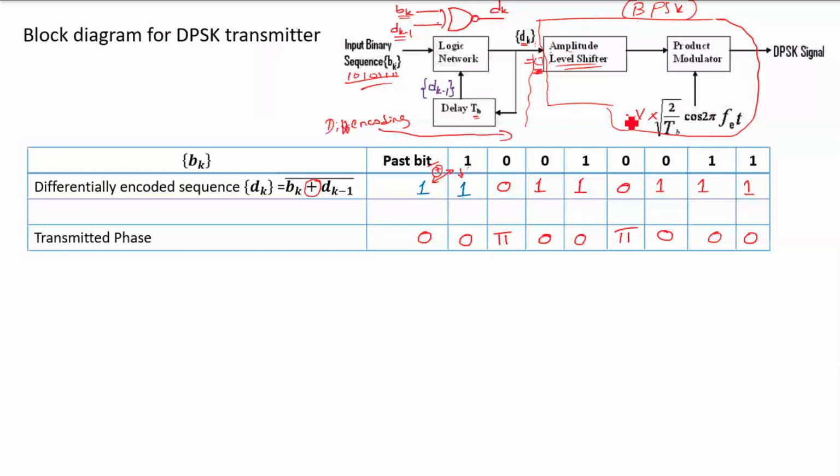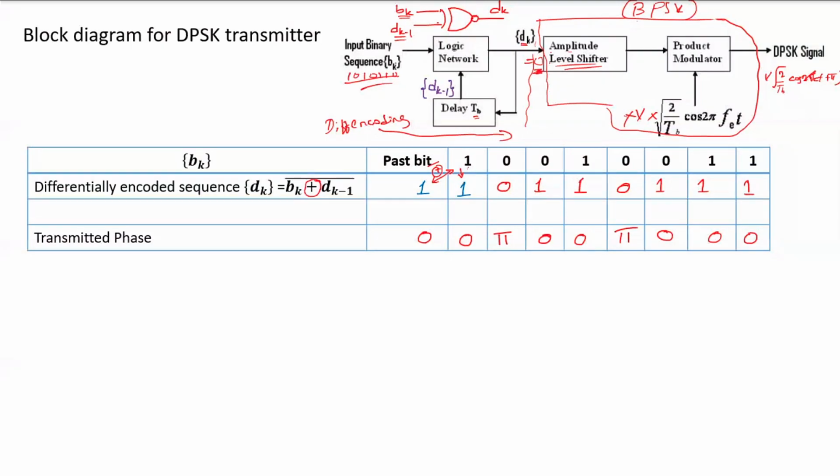Or it is as good as, for 0, some positive voltage times square root of 2 by T sub b, cos 2 pi fc t plus pi. That is the only thing.